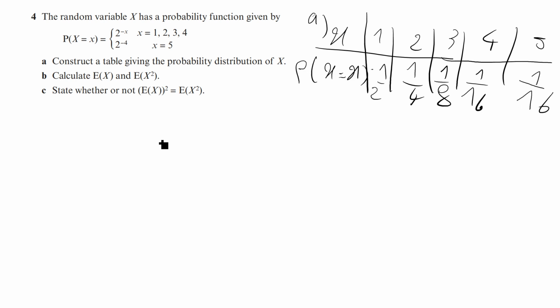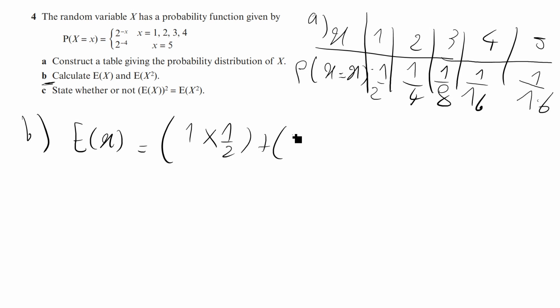Now in this part, we need to find the value of, sorry, yeah, this is fine. Okay, now we need to do the second part, which is to calculate the value of E of x and E of x squared. So for E of x, again we do the same thing, as you know.